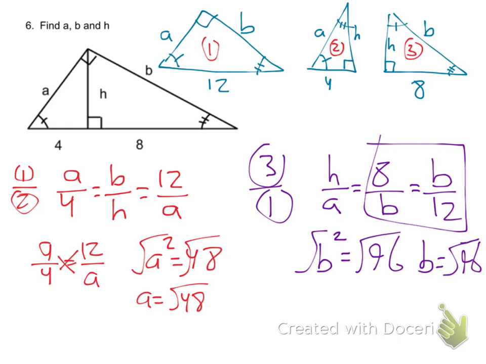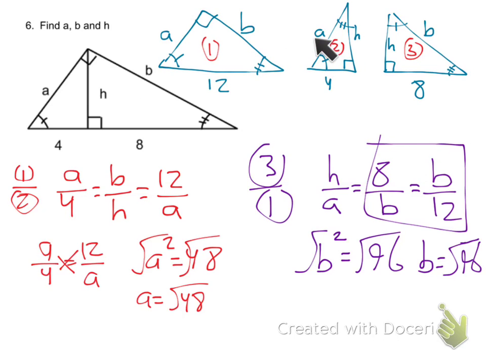Again, reduce this, guys. Do I still need to keep doing this, or can I revert back to something else to solve for H? Oh, no, I already have A. H. Can I revert to something else to solve for H? Where is H? 2 and 3. H is in this one, right here, which is in this triangle.